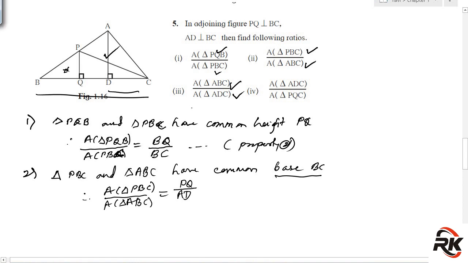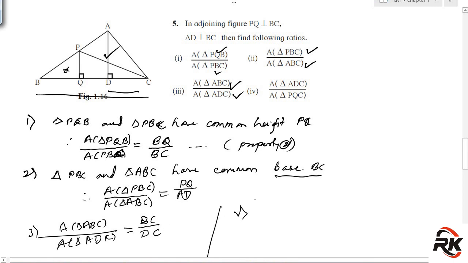Therefore, the third answer: area of triangle ABC upon area of triangle ADC is equal to the ratio of their bases. Base of triangle ABC is BC and base of triangle ADC is DC. Means answer is BC upon DC.